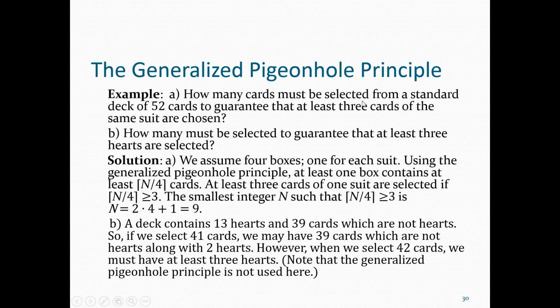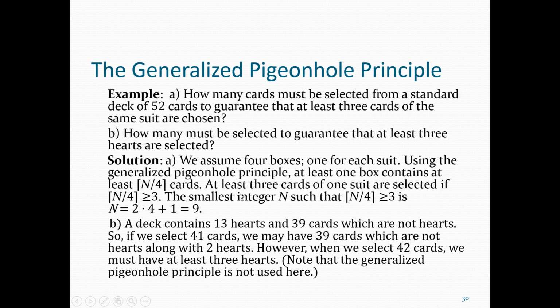So we assume 4 boxes, one for each suit. Using the generalized pigeonhole theorem, at least one box contains ceiling function of n by 4 cards.